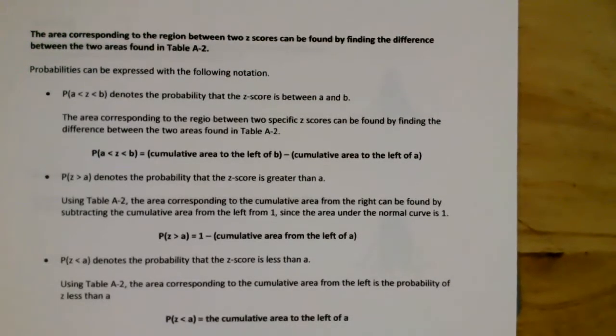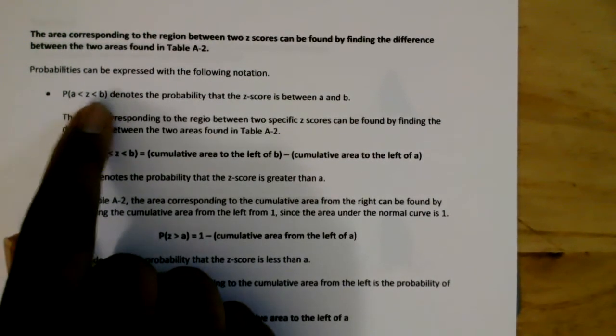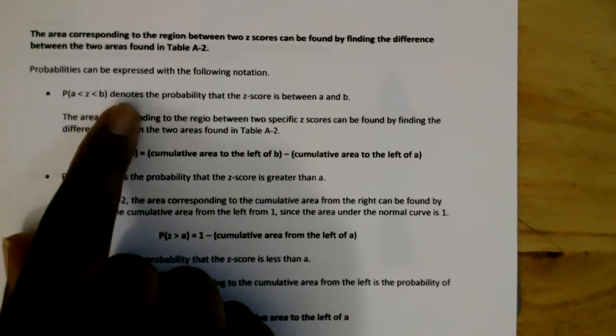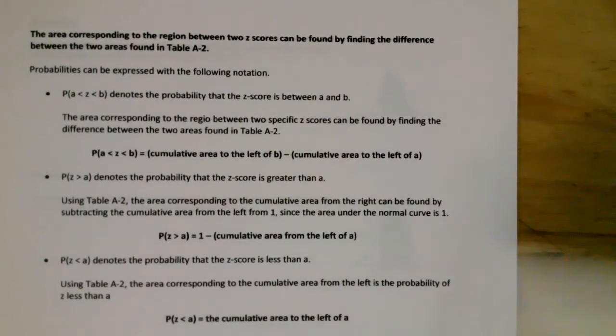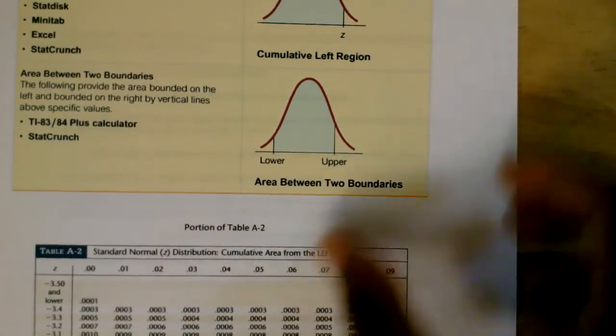So here, the probabilities can be expressed with the following notation. The first one is this: the probability that some z value is between A and B. That's similar to this right here. You have a lower and an upper boundary.